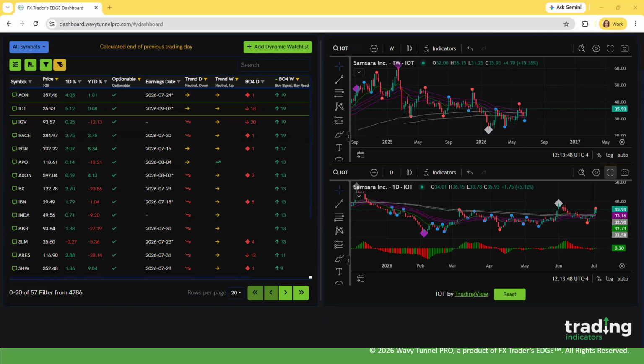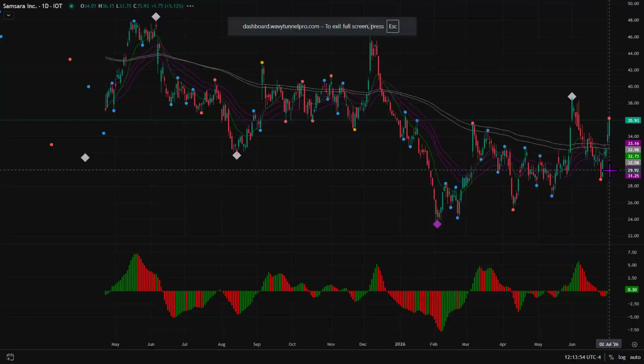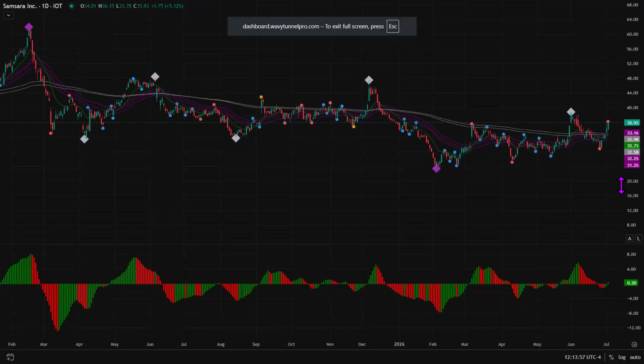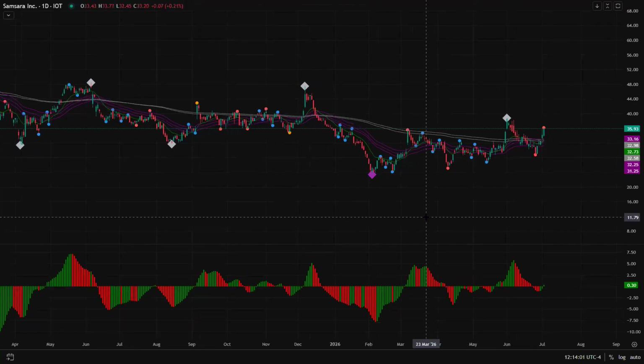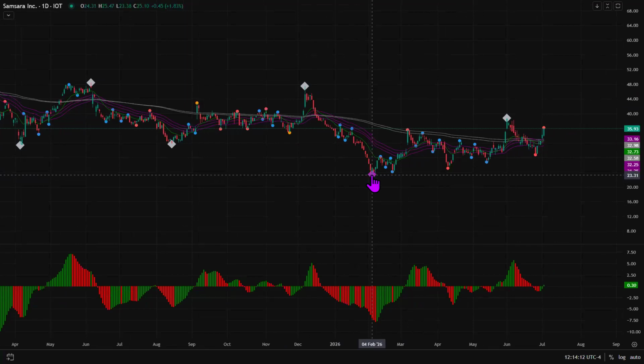Let me just show you something here. I'm going to open up the daily chart. And we have the purple semaphore here. So this was the initiation of the weekly breakout 4 trade right here.